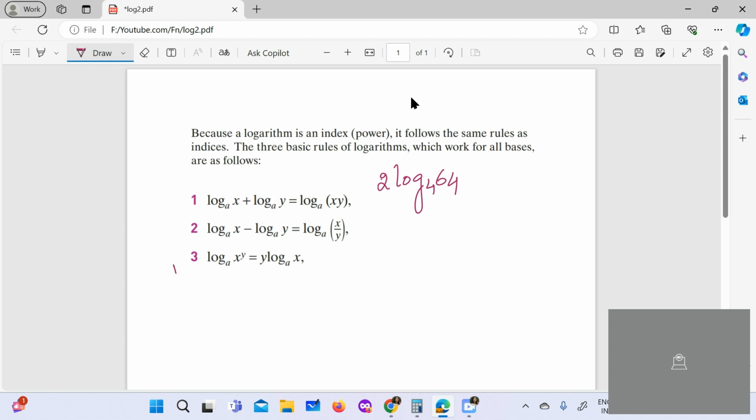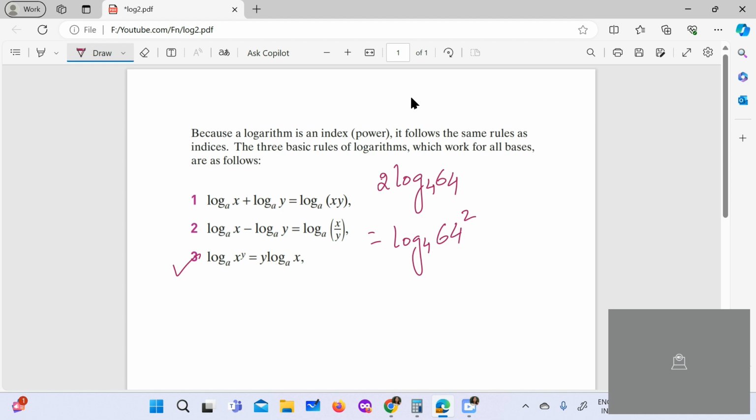We will follow this rule here: this is written in the form y log base a x, correct? Now following this rule, I will convert this into this form. So you will get log base 4 of 64 to the power of 2. Am I right?